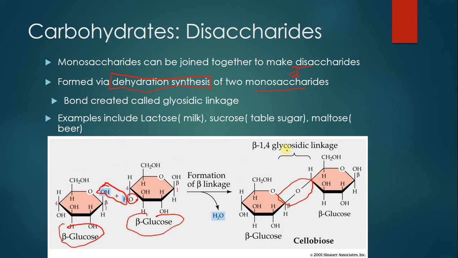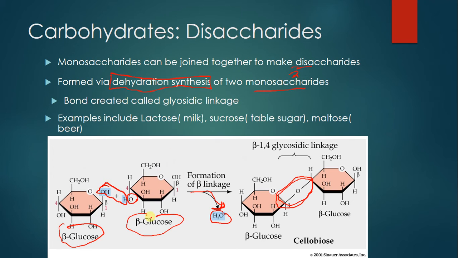And this in carbohydrates is called a glycosidic linkage. That oxygen hanging out in there in the middle. And so we get water from that dehydration synthesis reaction of 2 monosaccharides forming a disaccharide.